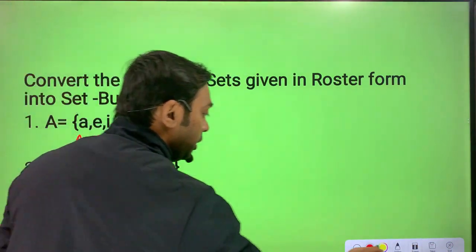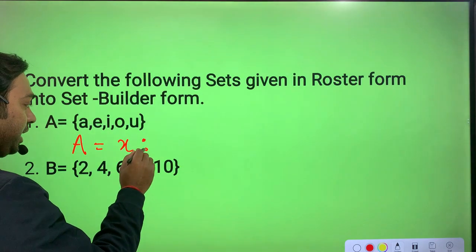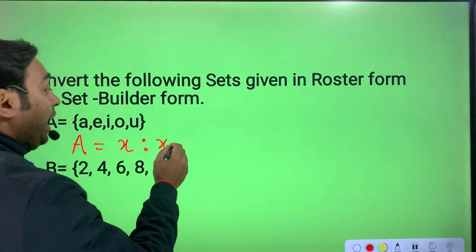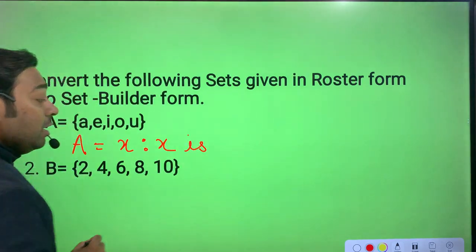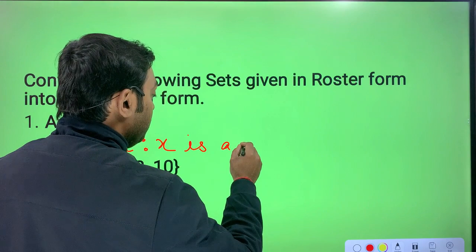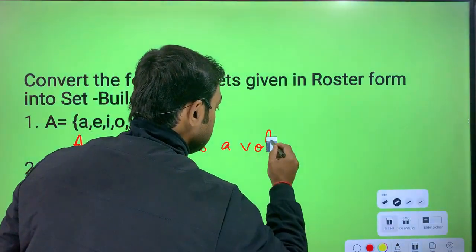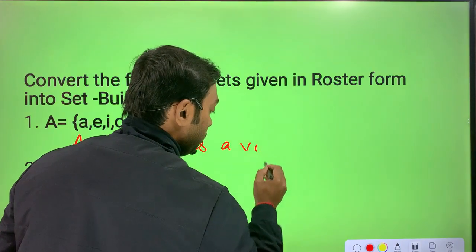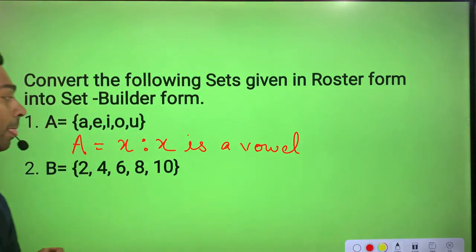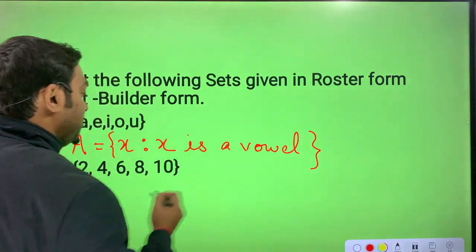If you want to take variable x, I will take x. x says that x belongs to what? x is a vowel. Okay, so we can write in this way. This is the set builder form.